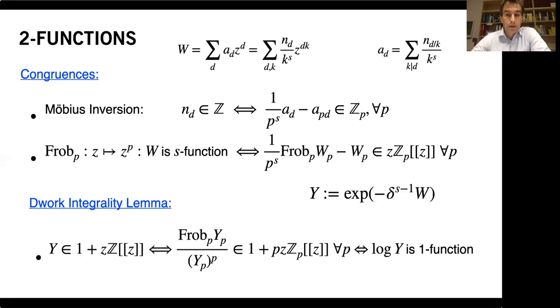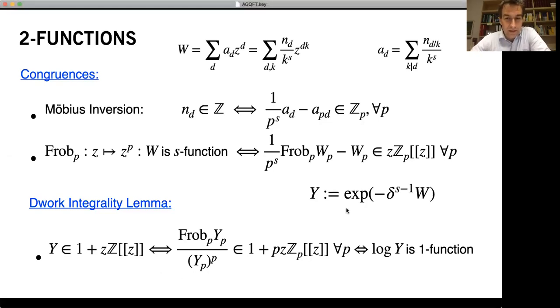And so, to tease you a little bit, maybe this looks familiar to some people: it is related to the Dwork integrality lemma. It was invented by Dwork, but features in something called formal groups. In particular, it appears there all the time, and it's a kind of trivial lemma if you think about it, but nevertheless.